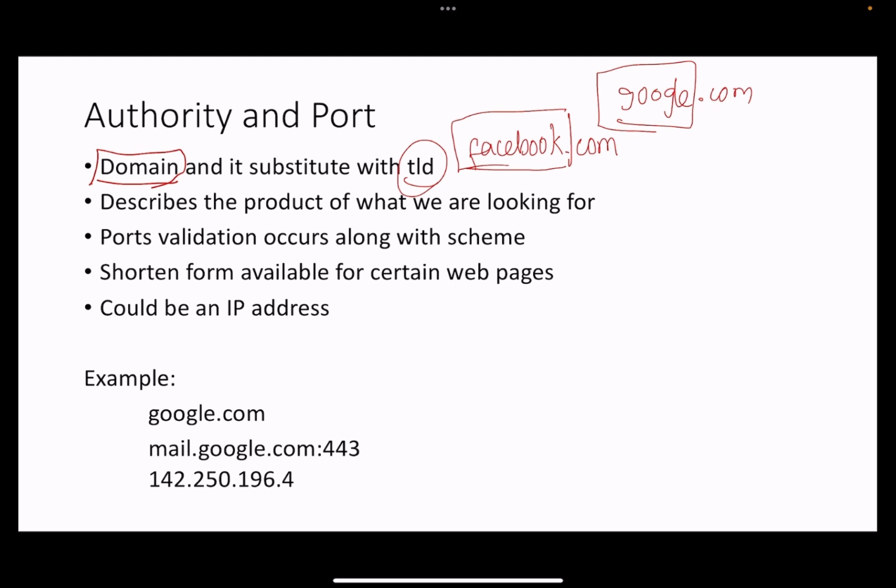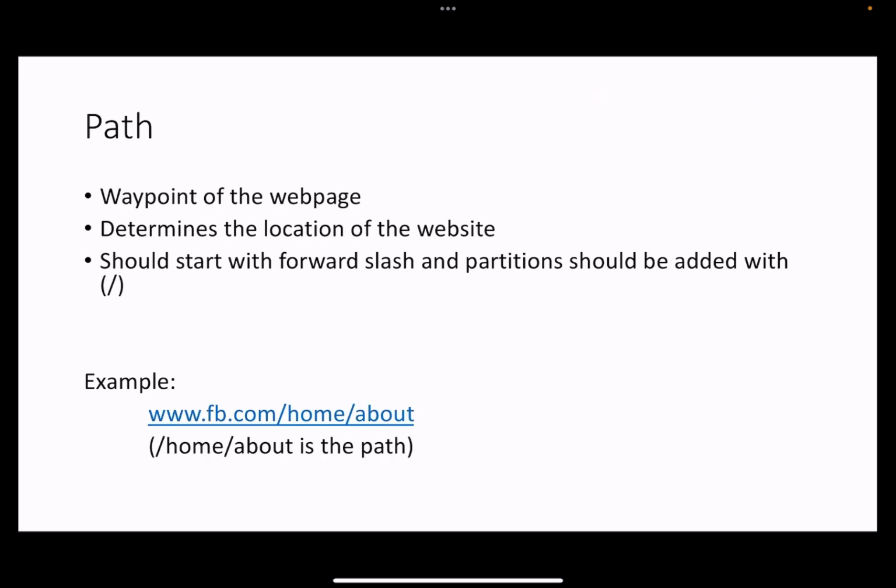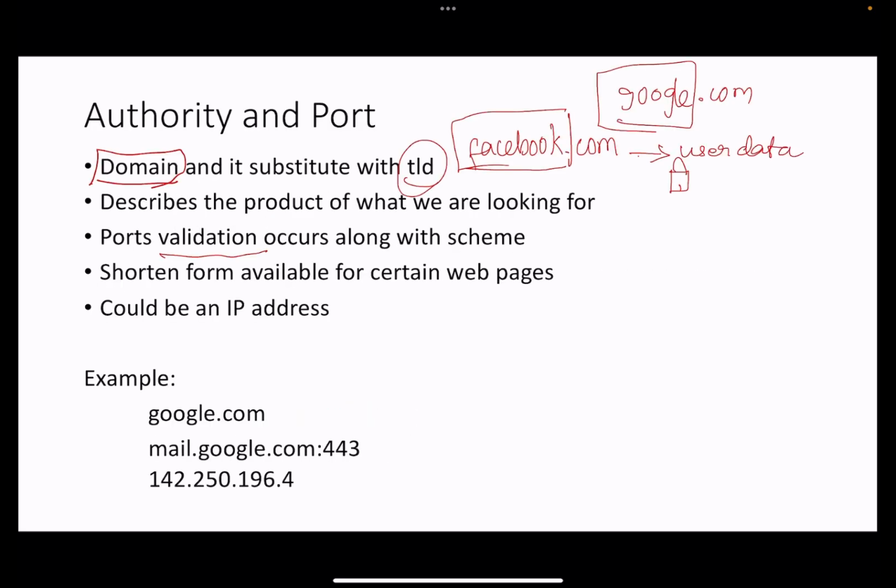And the port describes what we are looking at. Port validation occurs at this time. So if you are going to Facebook and it contains user data, it should be a secured port, a secured way to access the internet, right?